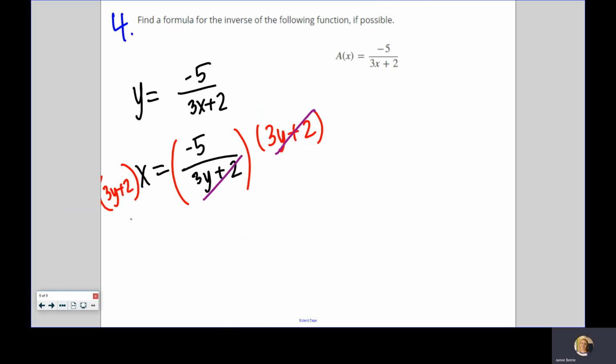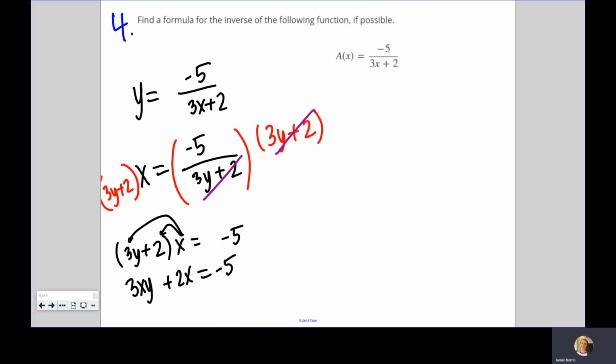And we're left with 3y plus 2 times x equals -5. We're going to multiply 3 by x. So that's 3xy plus 2x equals -5.